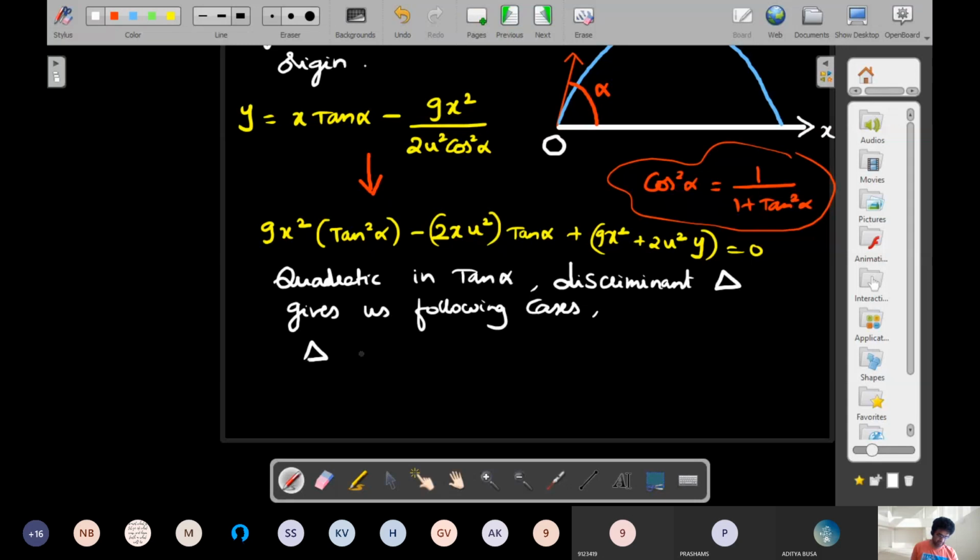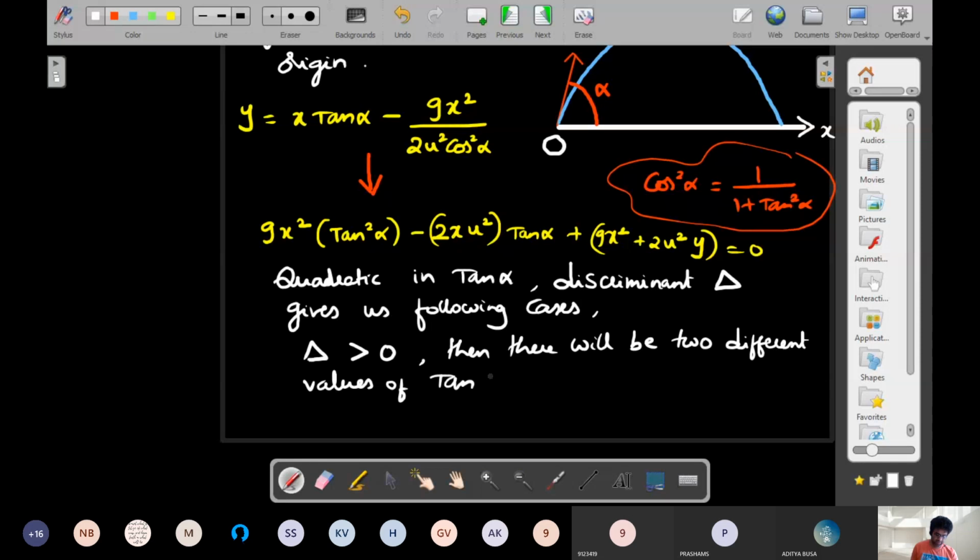If delta is greater than 0, then there will be two different values of tan alpha, that is alpha itself, right?